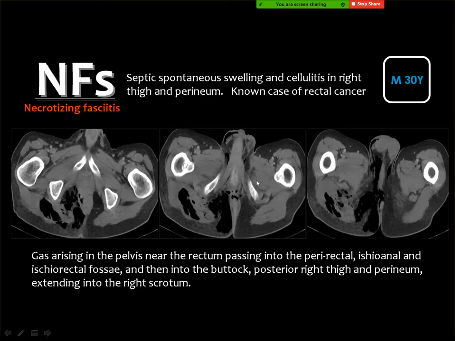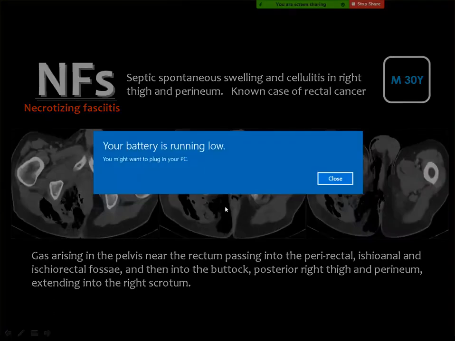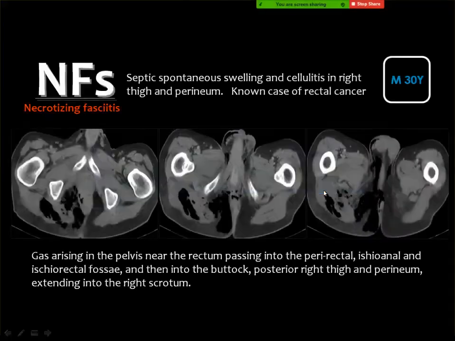But actually, we used to diagnose necrotizing fasciitis based on the presence of air in the affected soft tissues. And many times you can mistake air for any other lesion on MRI, but in the plain film and CT scan, the diagnosis is somewhat easy.